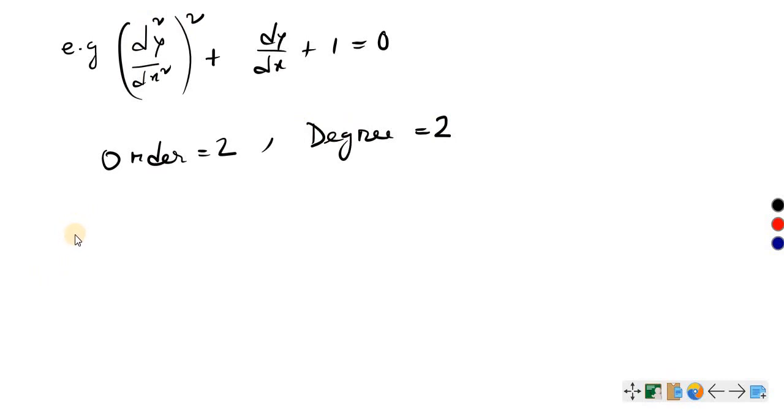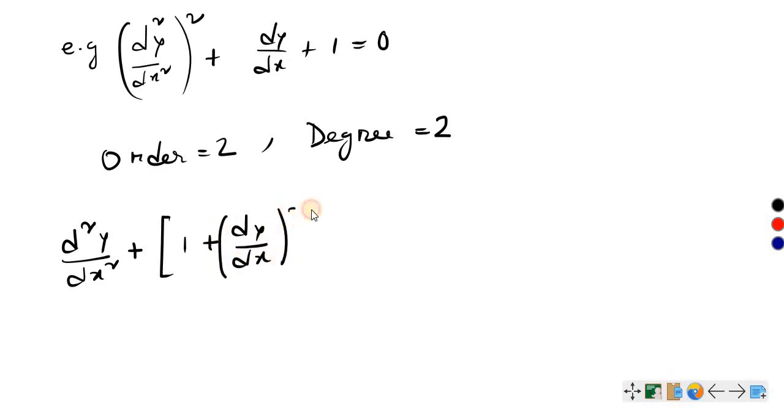Now just see one important example. Suppose the differential equation is of this type. I have written this. Can you tell me what is the order here and what is the degree here? So how to get the order and degree here? We are just going to do simple simplification.